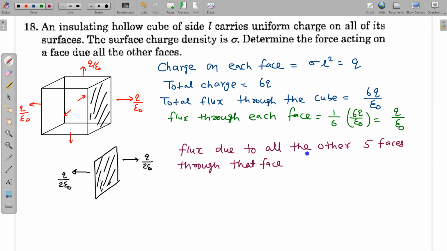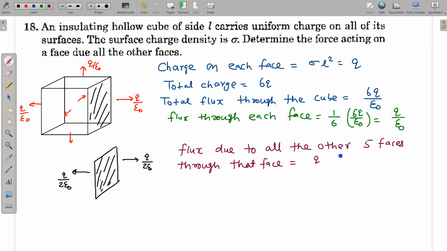So flux due to all the other faces through that face will be equal to the total flux which is going towards the right, which is leaving this face. So this q by epsilon naught is the flux which is leaving this face, and in that, q by 2 epsilon naught is the contribution due to this face itself.